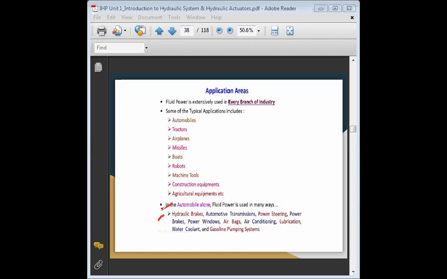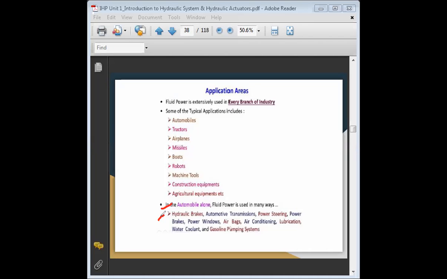I can mention that you can see the hydraulic brakes, that is an automobile application. Then automotive transmission, power steering, power brakes, then power windows, airbags, air conditioning, lubrication, water coolant, and gasoline pumping systems. In many ways this fluid power is used in the automobile industries.